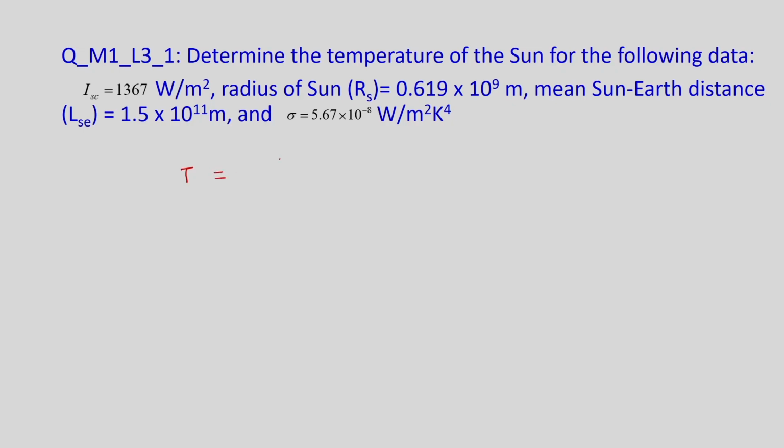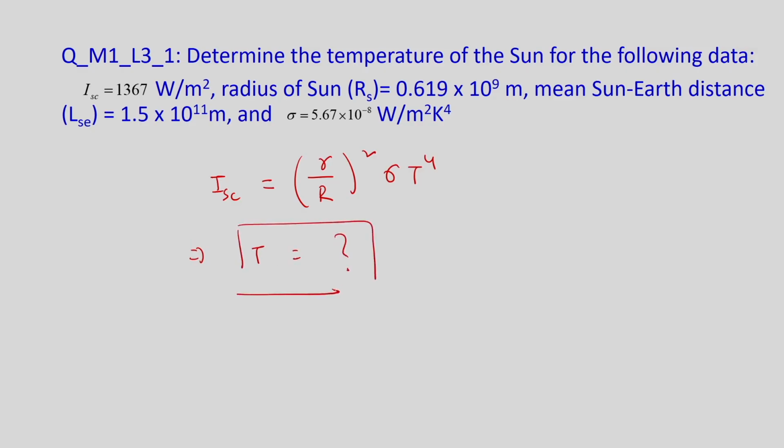Straight away we can calculate T, or if we know the solar constant I_SC is equal to r by R whole square times sigma T to the power of 4, and if we substitute these values we can calculate T. So, students, I request you to complete this work, so that you understand how this kind of problem can be solved, for better clarity.